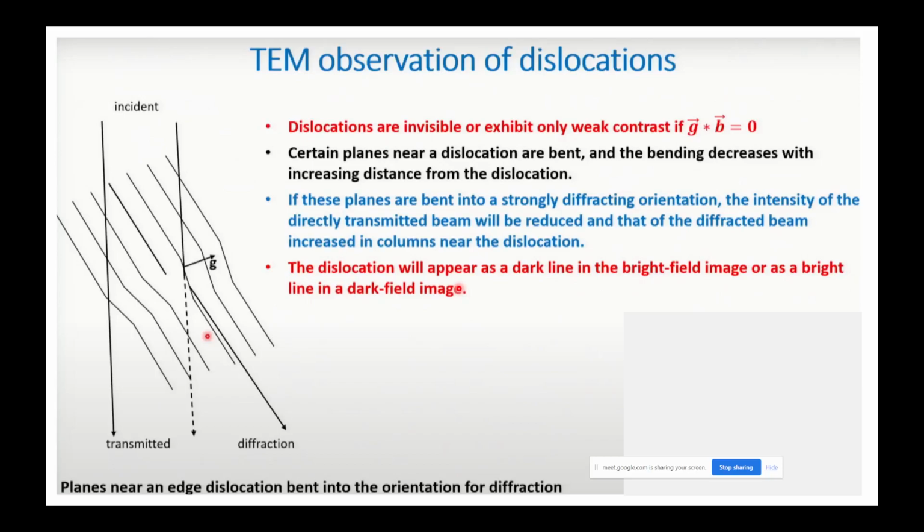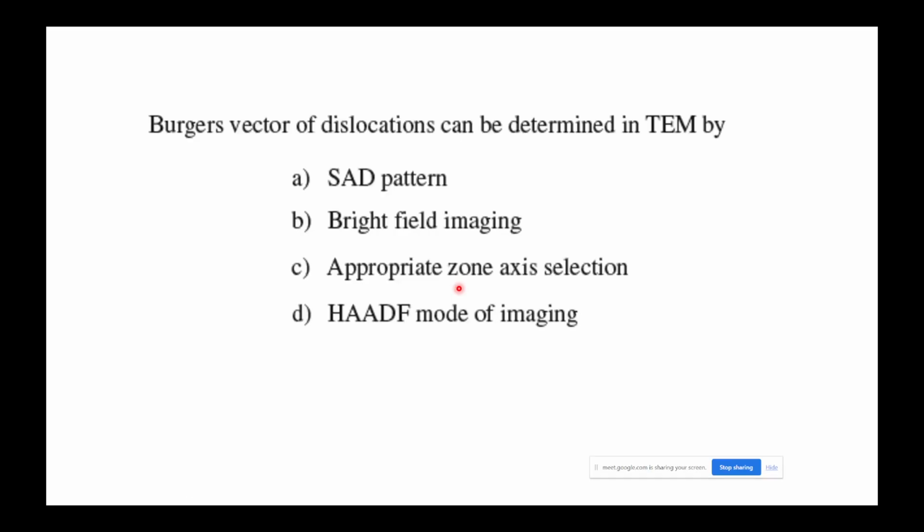No, in this question, sir, the answer is not the bright field image. Here you are not determining the bright field image. Here you are using a bright field image to determine the zone axis. There is a difference. You are not using the Burgers vector of dislocation to determine the bright field.